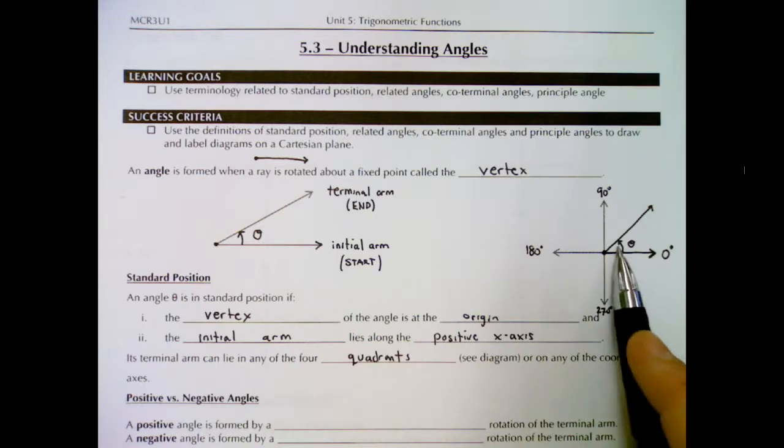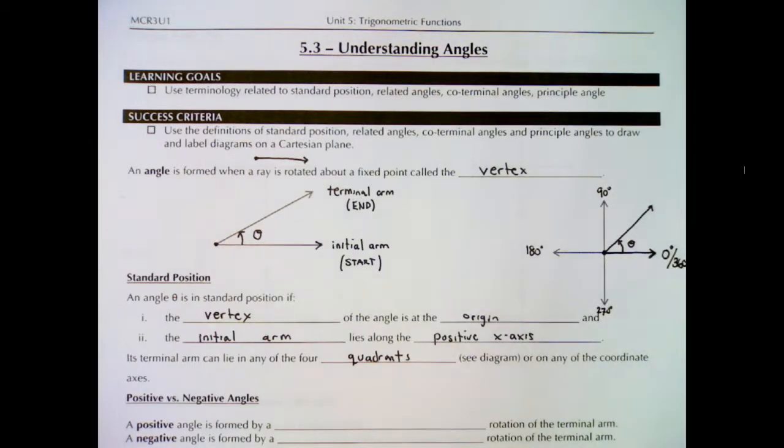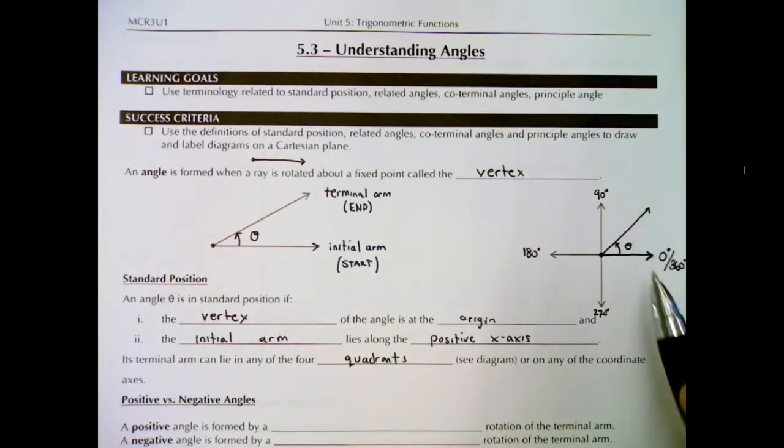And if we did one complete rotation all the way around the Cartesian plane, we'd end up right back at the start, and we would have traveled 360 degrees. So the way an angle looks on the Cartesian plane is it falls somewhere on or between 0 and 360 degrees. Unless we keep rotating around and around and around, we could end up somewhere bigger. And we'll look at those later in the lesson.